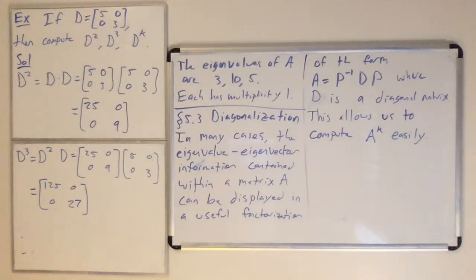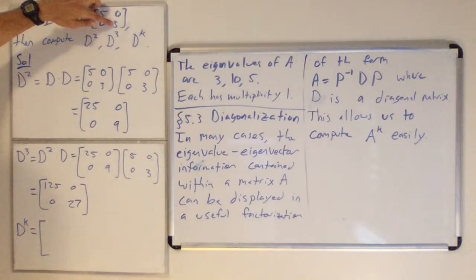And in general, D to the k is equal to, well, we're not going to go through and prove this by induction, but you could. D to the first has the entries 5 to the first, 0, 0, 3 to the first.